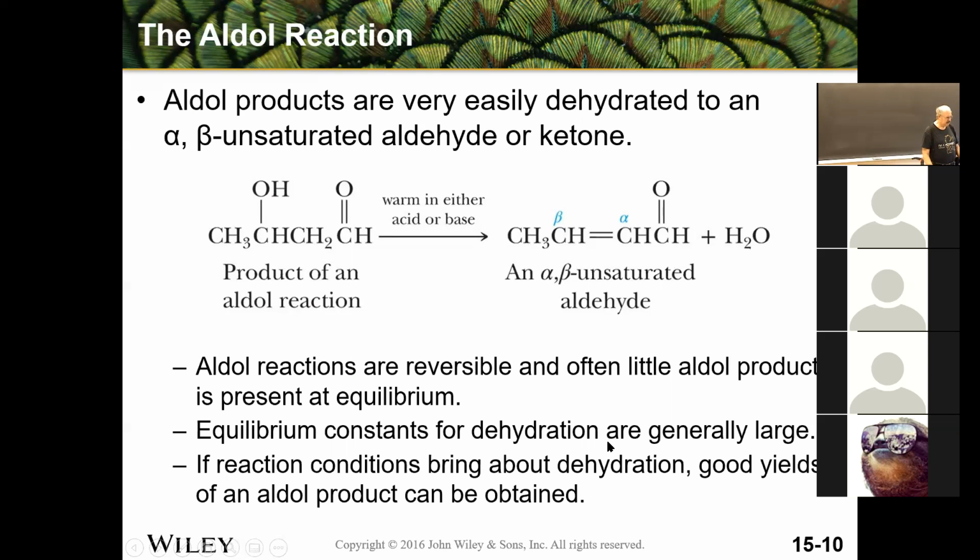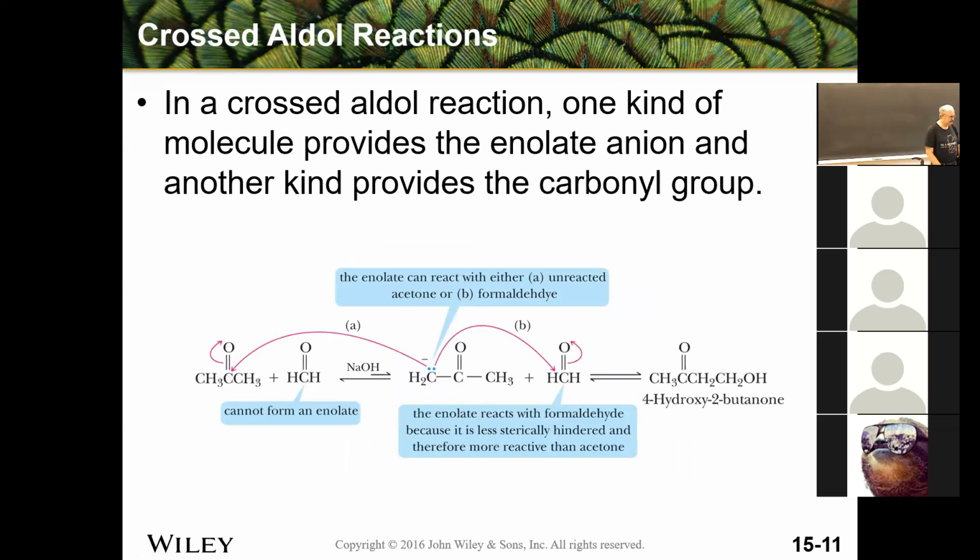If reaction conditions bring about dehydration, good yields of an aldol product can be obtained. Those are examples with the acetaldehyde and the acetone. Those are examples of regular aldol condensations.